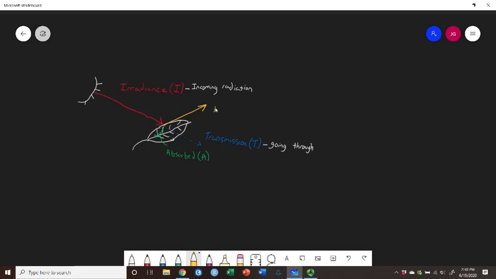And we said that this was reflected. Reflection, we denote that with a big R. So just to clarify, absorbed is retained in, is kept in, and reflected is bounced off.